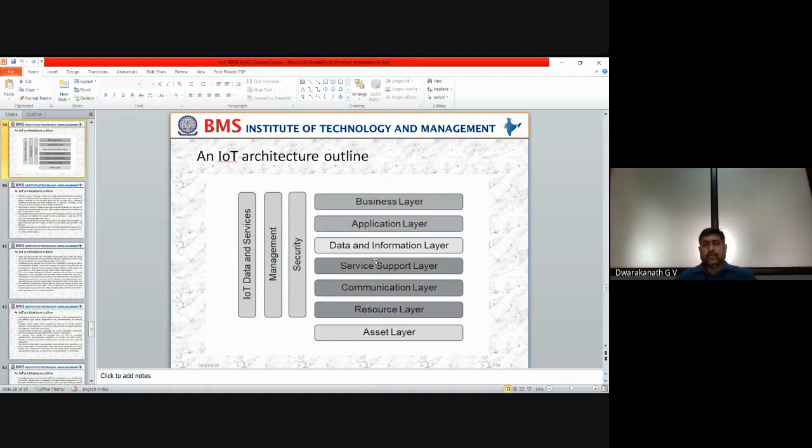Then how this service support meets the other services we need in our IoT projects. So that we have discussed.